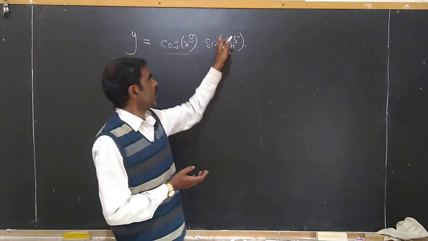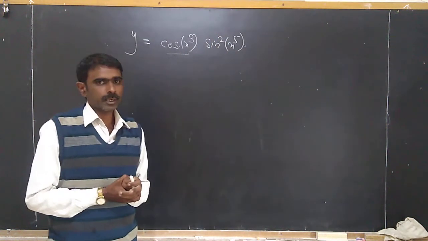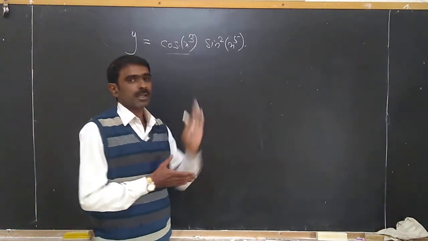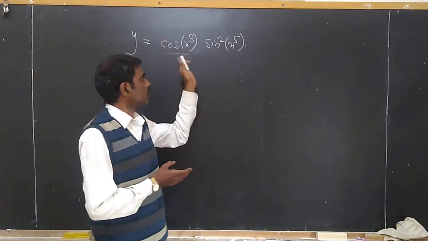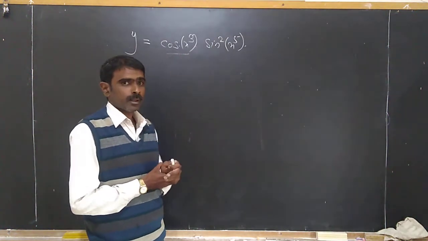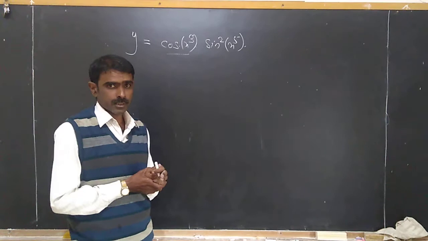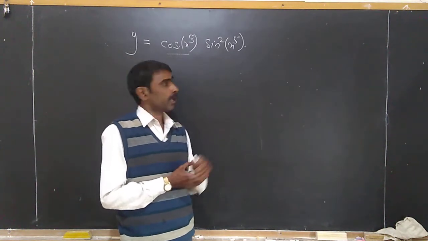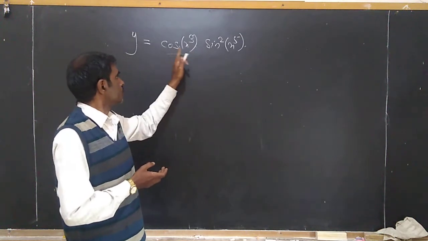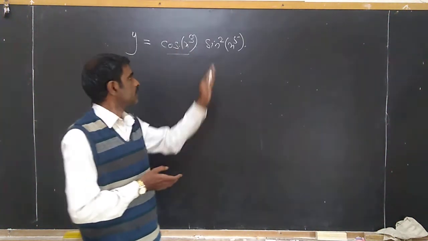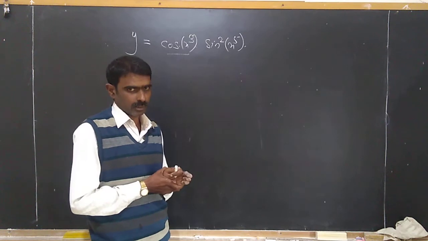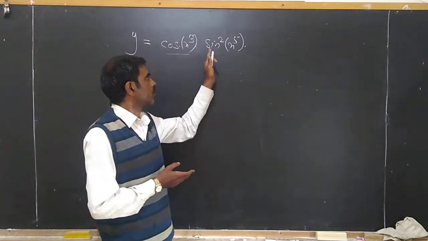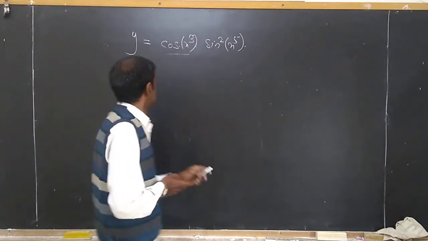But in sine square of x raised to 5, it is the composite of three functions. The outermost function is x square, the inner function is sine x, and the innermost function is x raised to 5. I repeat this: the first term is the composite of two functions, but the second term is the composite of three functions.